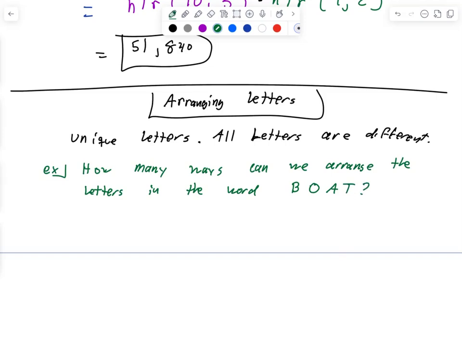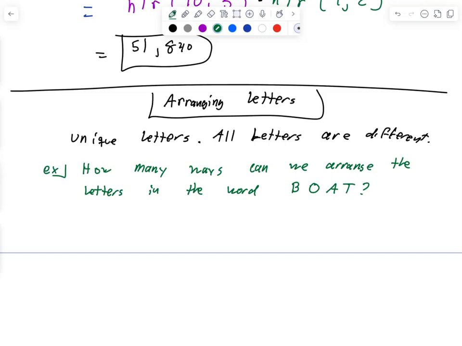Okay, we've done this. How many letters are there? 4. How many of the letters are we using? Don't overthink it. Still 4.